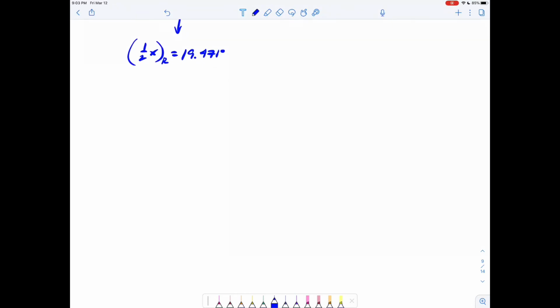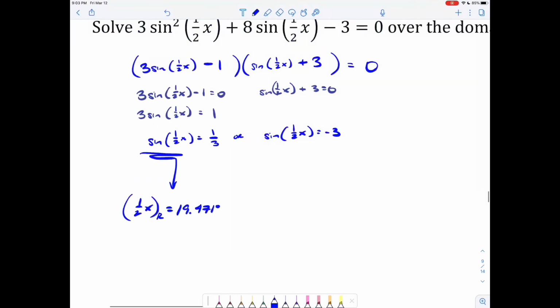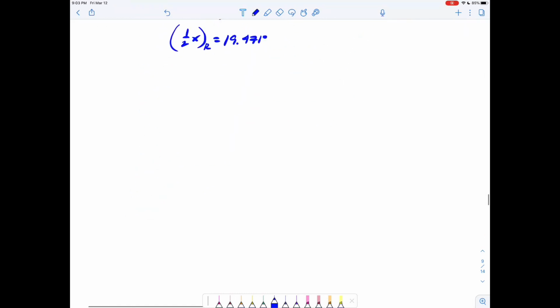So there's my reference angle. We are dealing with sine. Sine is positive in quadrants 1 and 2. So in quadrant 1, we've got 19.471 degrees.